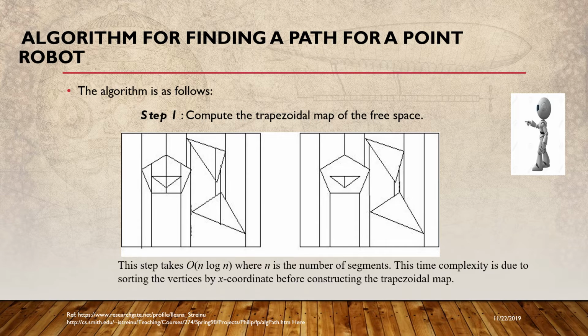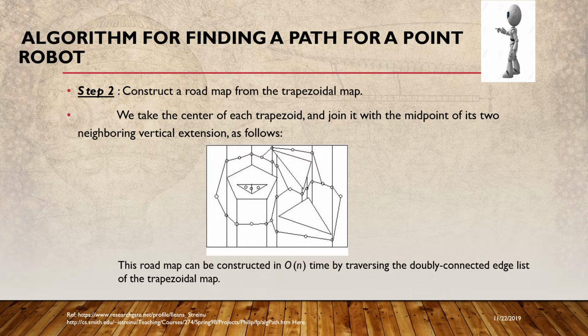Next is to construct the road map from the trapezoidal map. We have got a trapezoidal map with open areas, and we take the center of each trapezoid and join it with the midpoints of its two neighboring vertical extensions, as we can see in the figure.